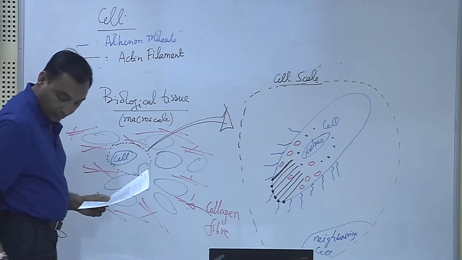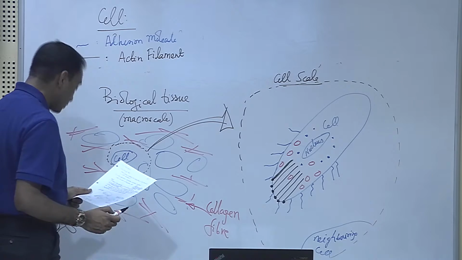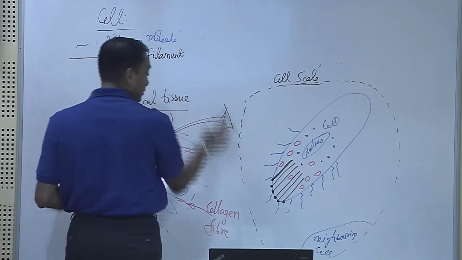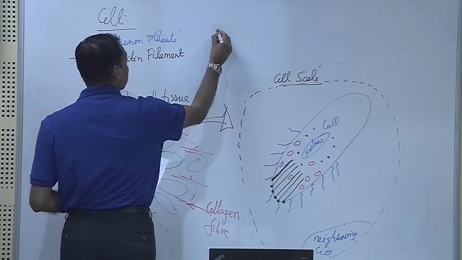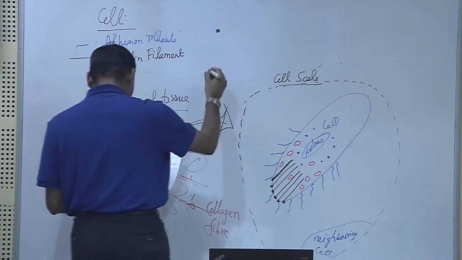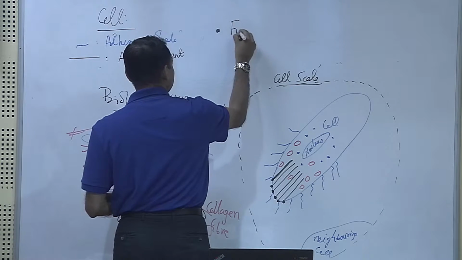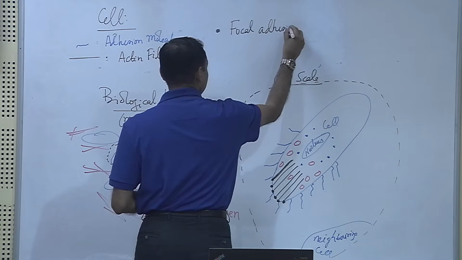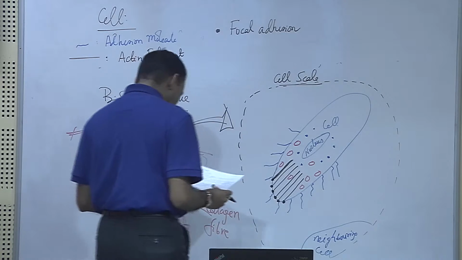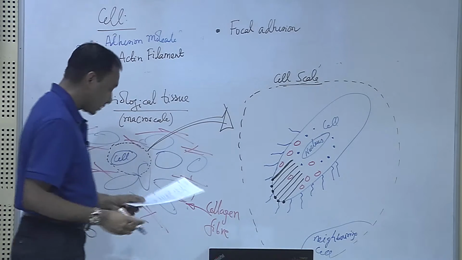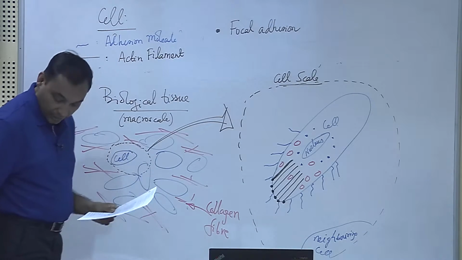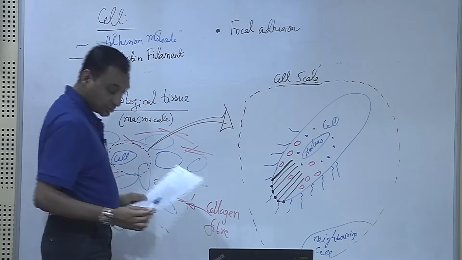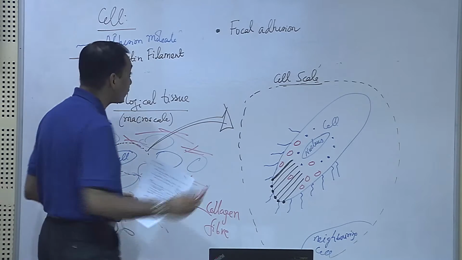You will still have some collagen fibers, and then the dotted ones are the focal adhesion points. Typically, that is where they get anchored. You will have myosin motors, which are the red circular ones.